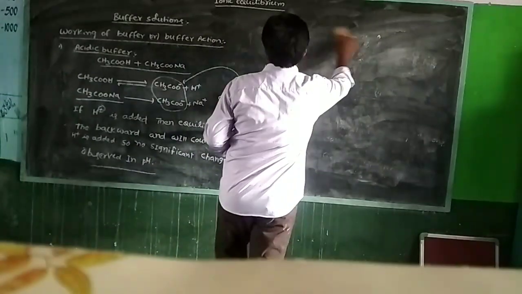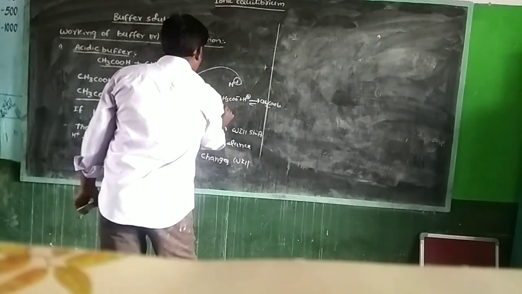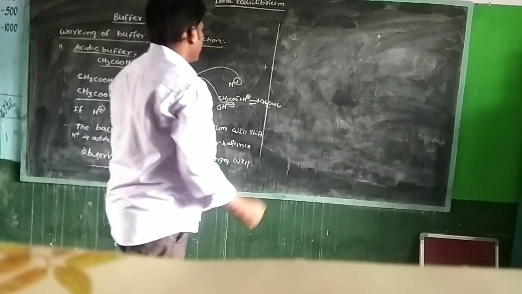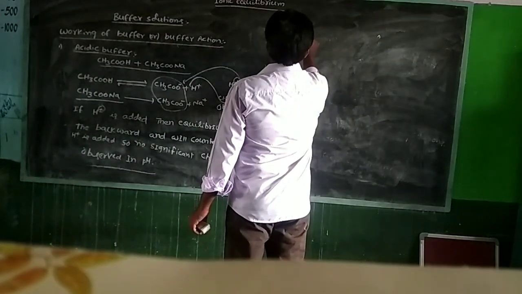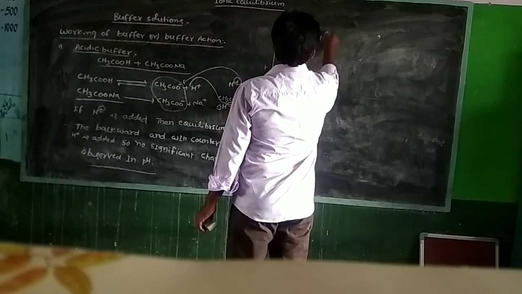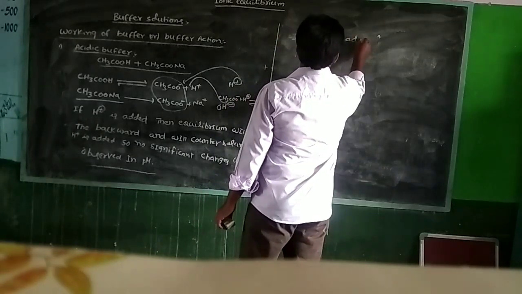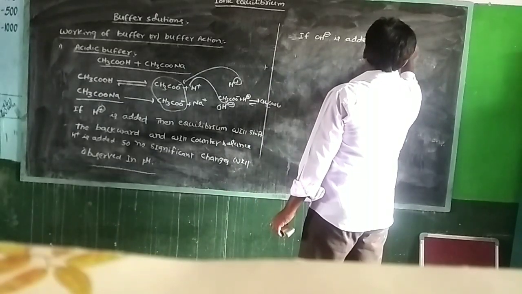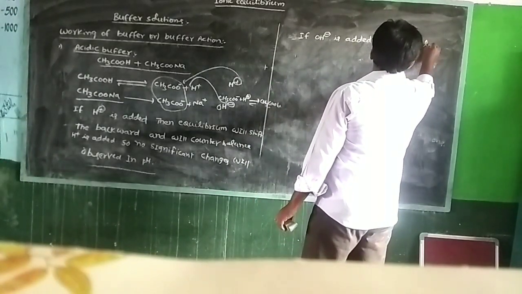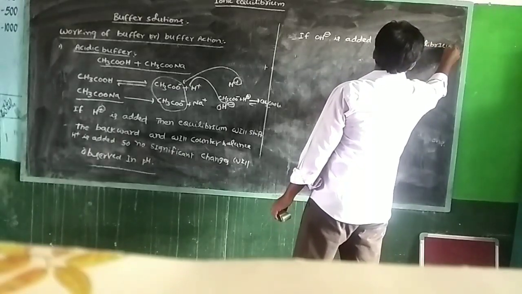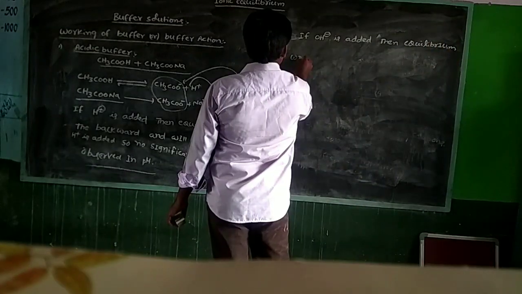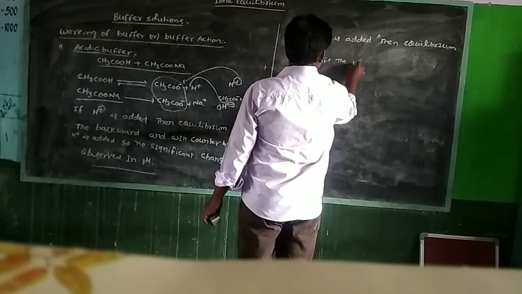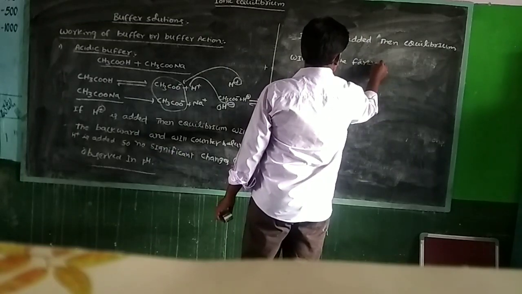If OH minus is added, then the equilibrium will shift to the forward direction. Which direction? Forward direction.